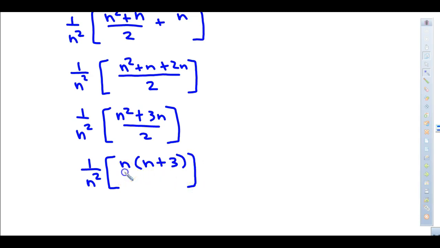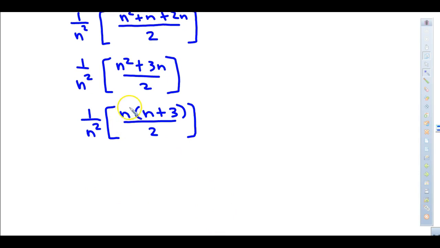The reason I'm doing that is because this fraction has an n on the bottom, and I can cancel this n with that n. And now I can just multiply across the top. 1 times n plus 3 is n plus 3, and then n times 2 is 2n. And this is actually what we call the sum of n, S of n.